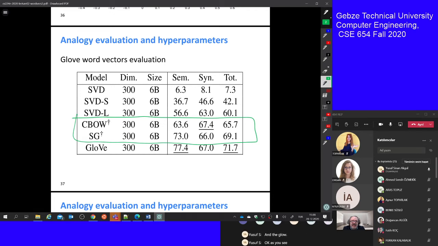I cannot say that continuous bag of words is better than skipgrams or vice versa, but GloVe is doing generally better than those. So this is one way to evaluate your word vectors, analogy examples.